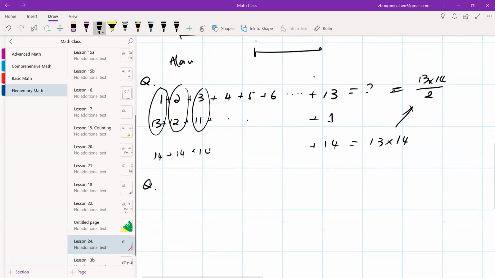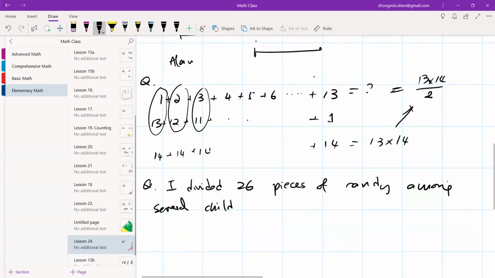All right. So now our next problem is: I divide 26 pieces of candy among several children. I don't know how many of them, okay? So the condition here is that each child received at least one candy.